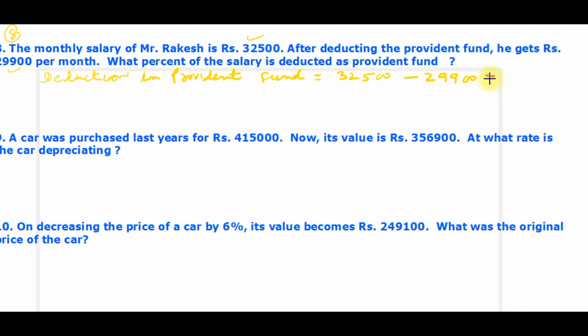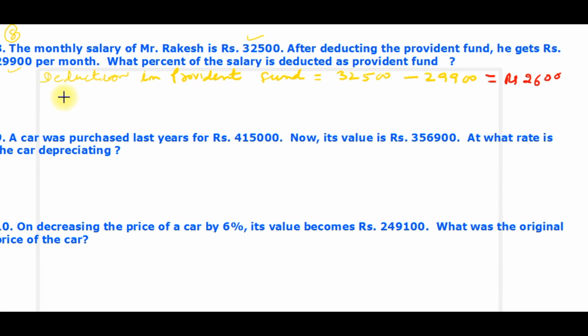So what would it be? 0000. 325 minus 299 would become 25 plus 1, 2600.